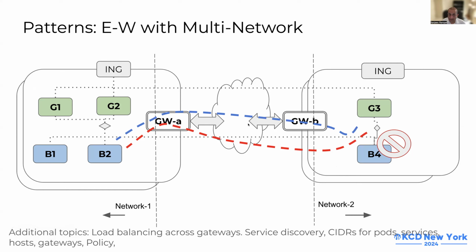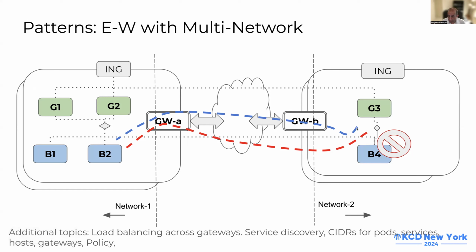And depending on the particular project, and also depending on parameters such as whether the hosts are in a common, routable network or not, traffic in this case from the pod G3 may need to go through both a gateway on the source cluster and the destination cluster in order to get load balanced to a backend of the Blue service.